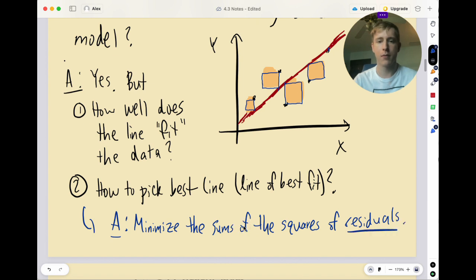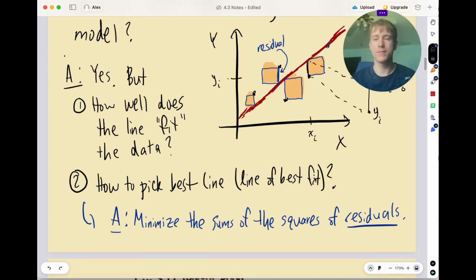Okay, and I should probably define a residual, so I'll give you an example. That's an example of a residual. And if you square it, you get the area of a square.